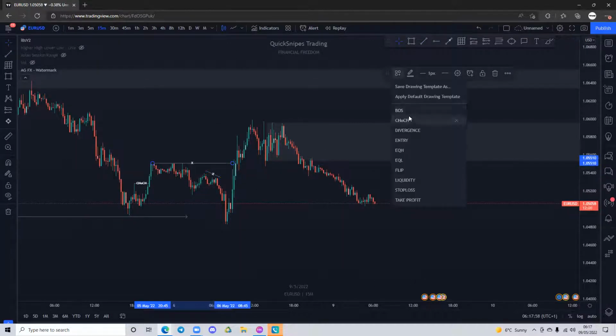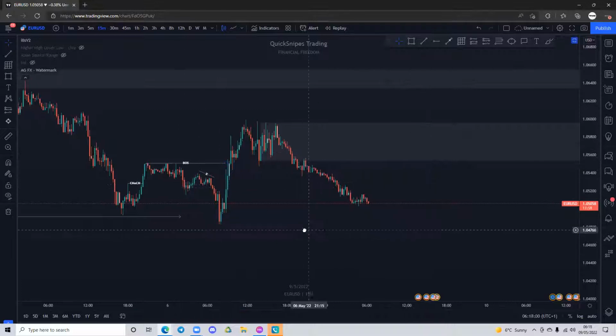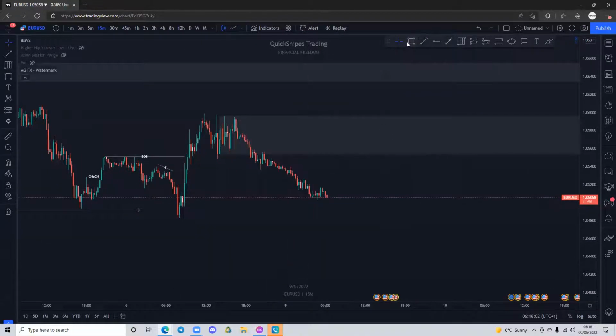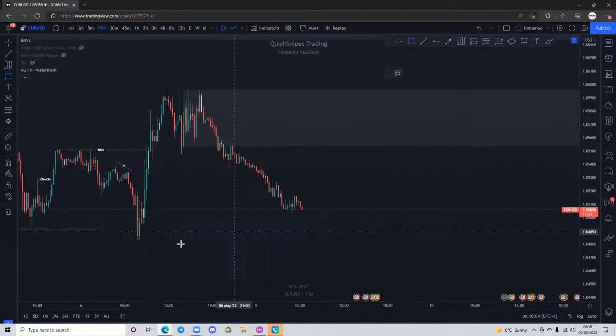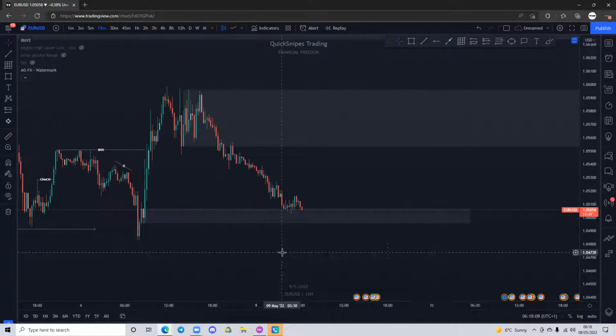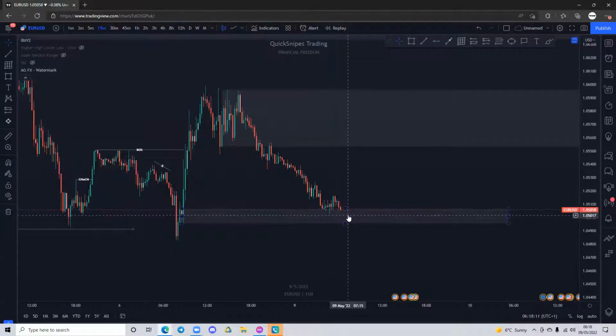So I'm going to keep that as a break of structure. And I can see we're at this pullback, potential pullback zone, where we could see a dip into here before a push off.